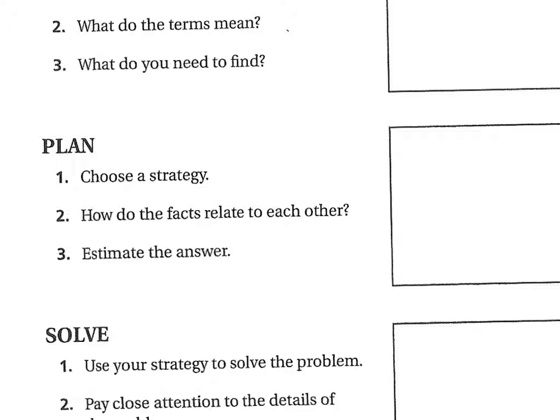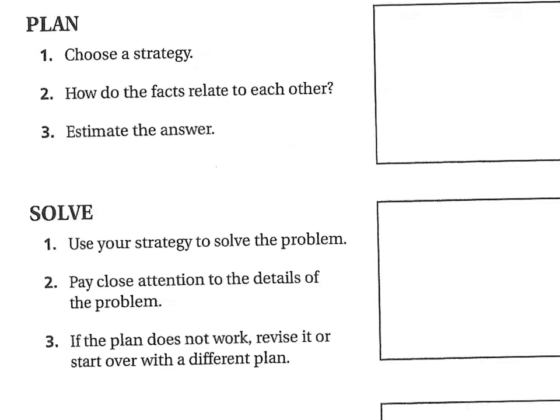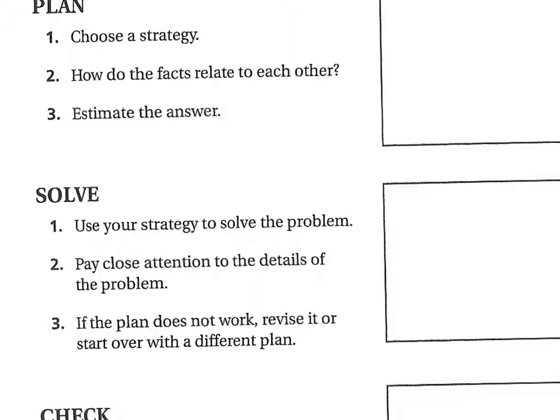And then he's buying a lot of things that are $100, so I think he's going to probably spend about $500. Now that I have chosen my plan, I am going to solve using my strategy.